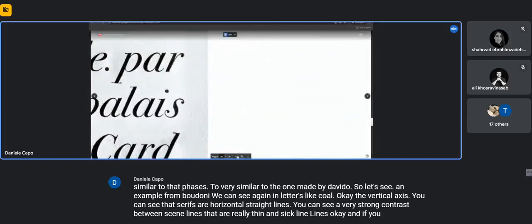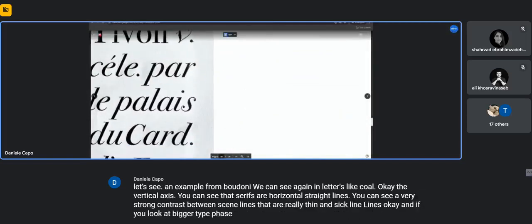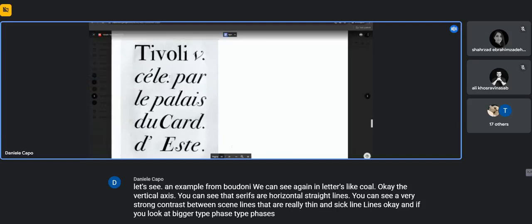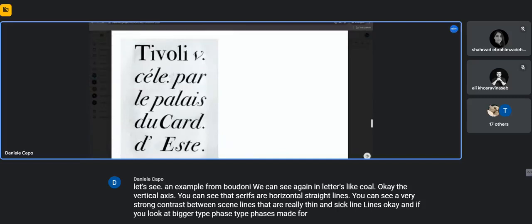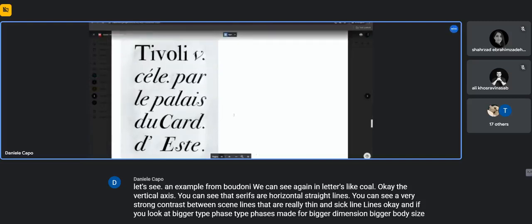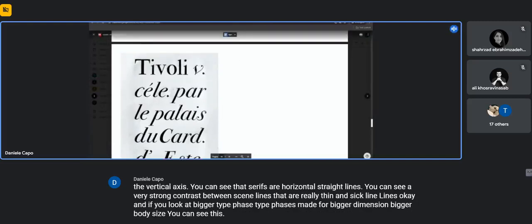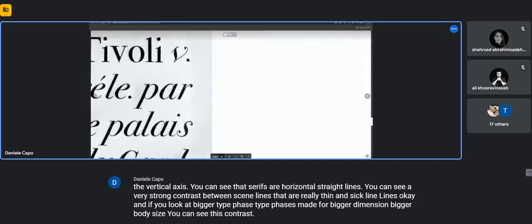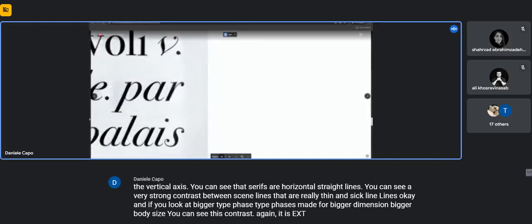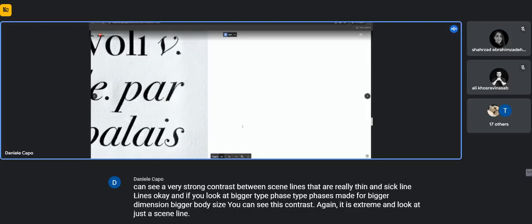And if you look at bigger typefaces, made for bigger body size, you can see this contrast is extreme. And look at the serifs, they are just a thin horizontal line at the base of letters.